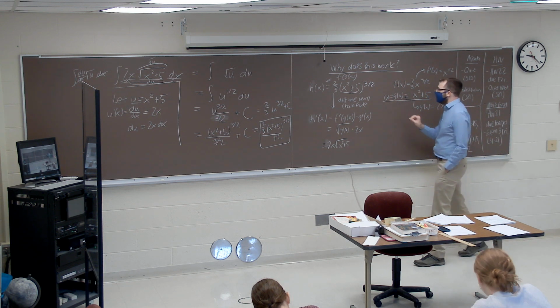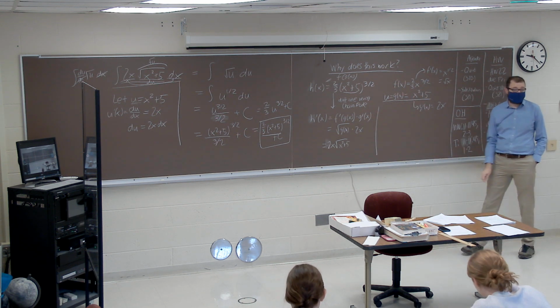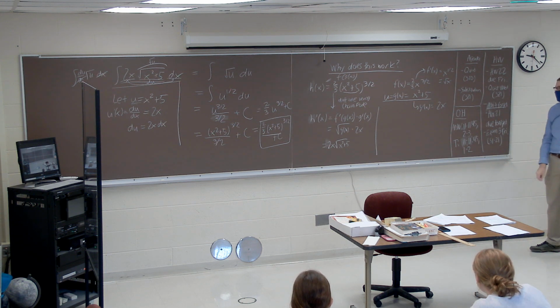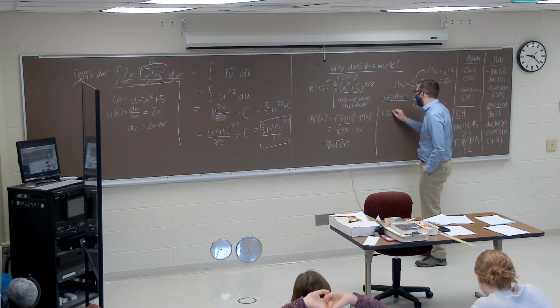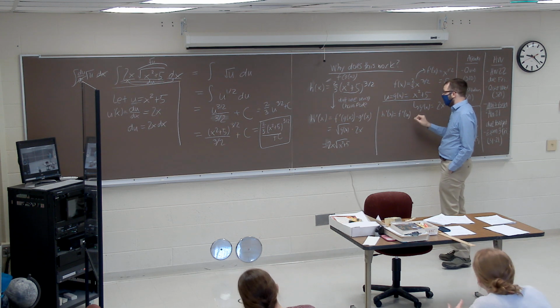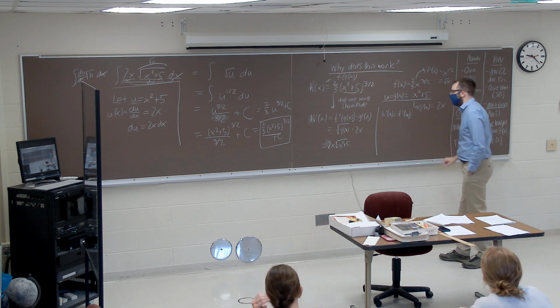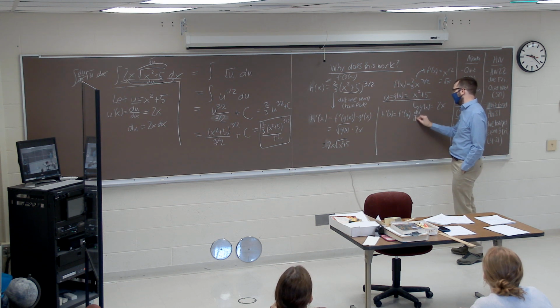And in fact, if we were to rewrite this chain rule process to use the variable u instead of, say, g of x, we could have also said h prime of x is f prime of the variable u times g prime of x, so times du dx.